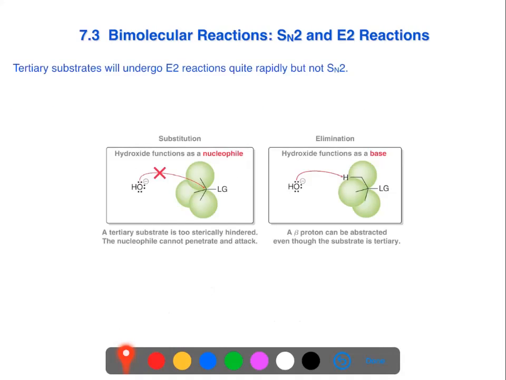So in terms of the aspects that are important to consider with the E2 mechanism, they are fewer than what we saw for the SN2. For E2, what you really need is a strong base. And so, yes, there may be competition from other reaction mechanisms, i.e. SN2, but the nature of the substrate is less important as we saw for SN2. So in the example of SN2, we saw that the tertiary alkyl halides were virtually unreactive towards any incoming nucleophile.